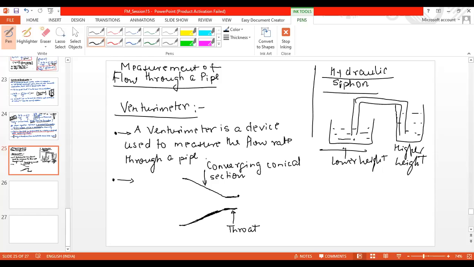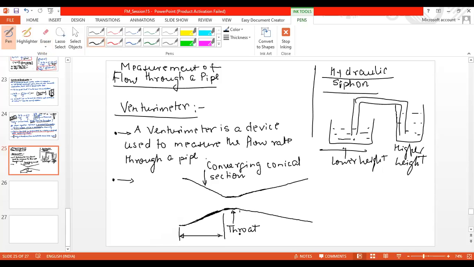Okay. Now, again, after this, we have a comparatively longer diverging section. So this is very important, that your diverging section is slightly longer in length as compared to the converging section.